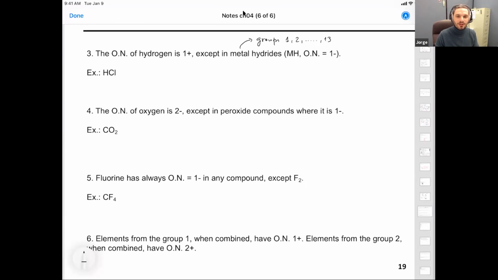The exception is when hydrogen is bonded to an element from groups 1, 2, all the way to group 13. In this case, the oxidation number of hydrogen is 1 minus.